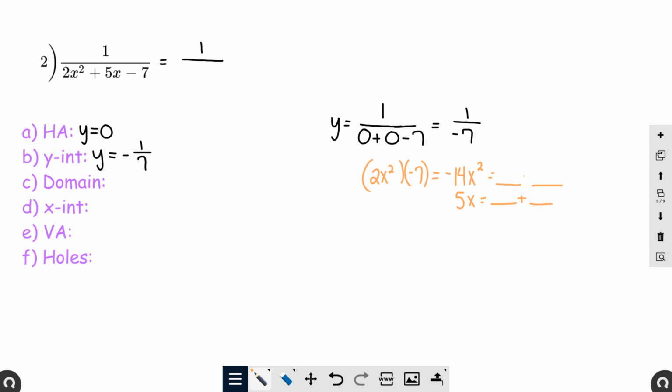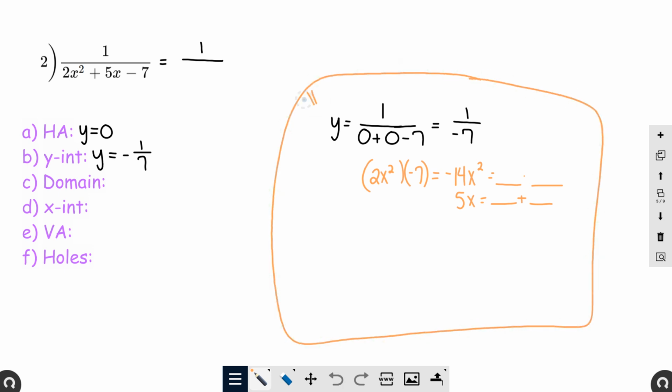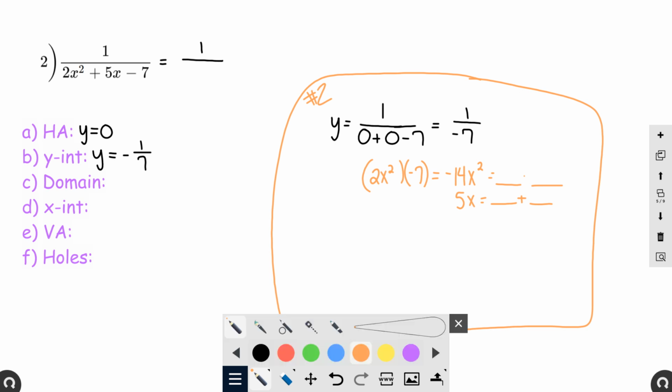Now, for those of you who don't like to mess up the paper that you're turning in, if you want to put all your scrap work on a separate sheet of paper, then that's fine. But I would put a big box around it and put the problem number, like number 2 in the corner. So that way when I'm looking, I see that you have some work and you just didn't copy somebody's or come up and copy the answer key. That's a no-no anyway. All right, what multiplies to be negative 14 and adds to be 5?